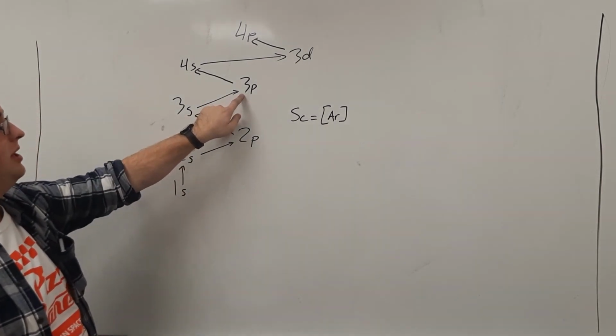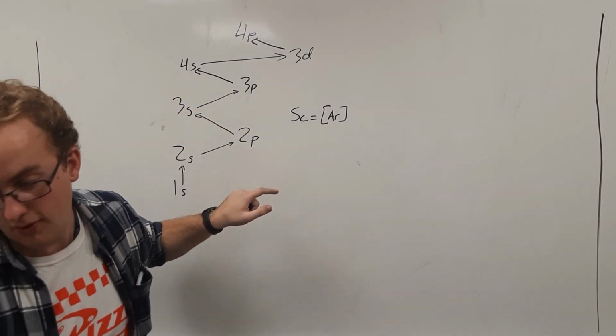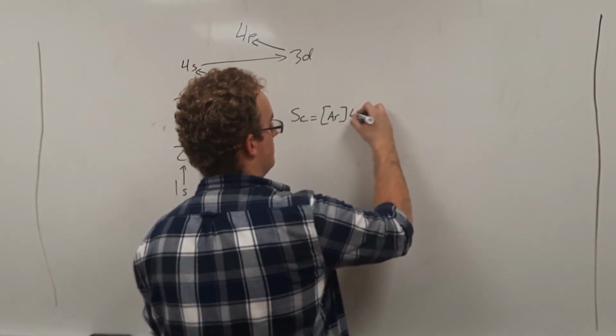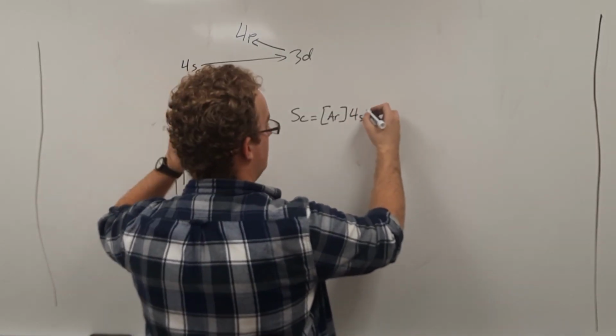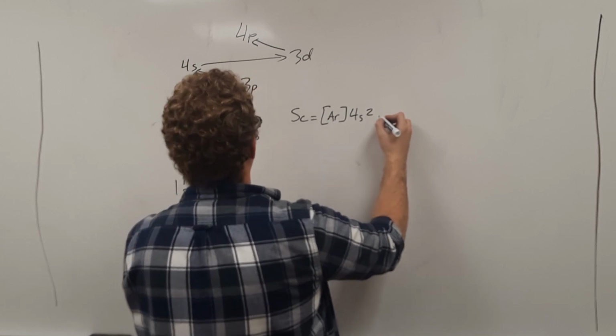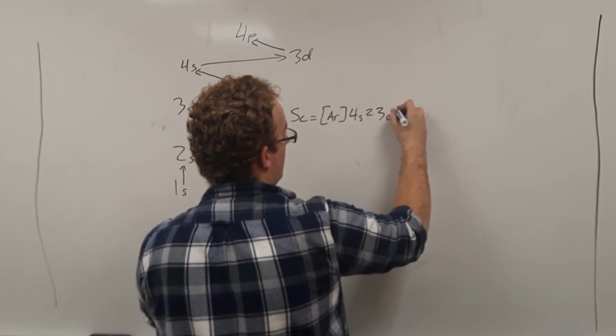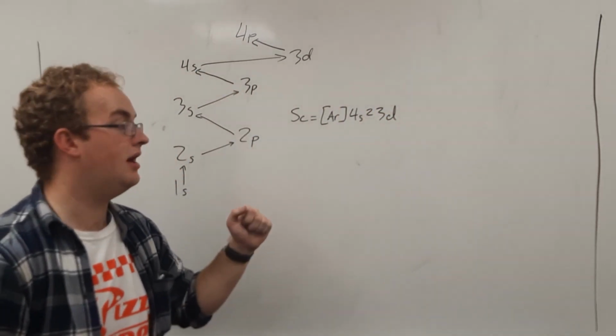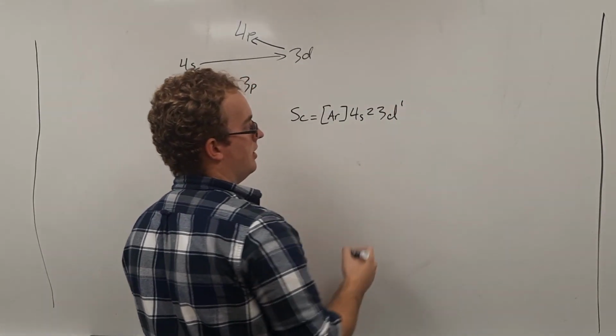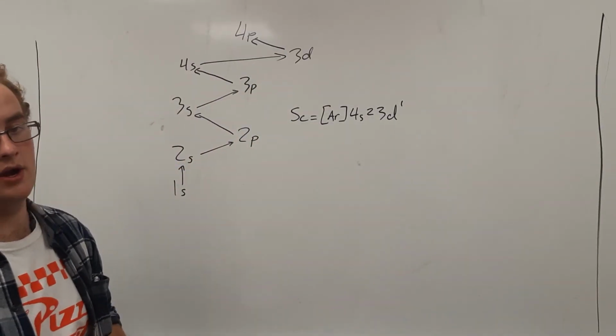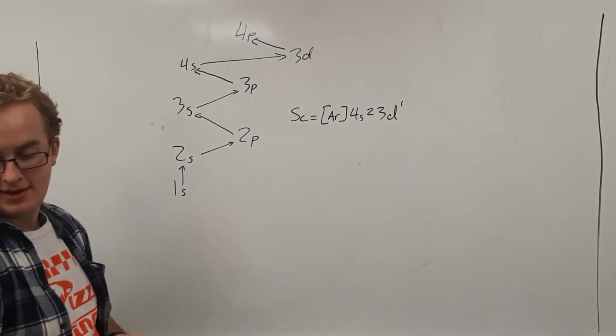We just finished 3p. Then the next one is 4s with potassium, right? So we fill up 4s, and then we have two electrons there. And now we can go to 3d, and we only have one electron left, so it's 4s2, 3d1. That's why d orbitals work kind of strangely like that.